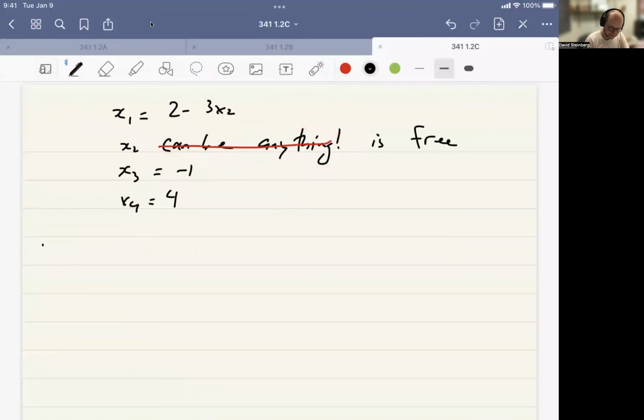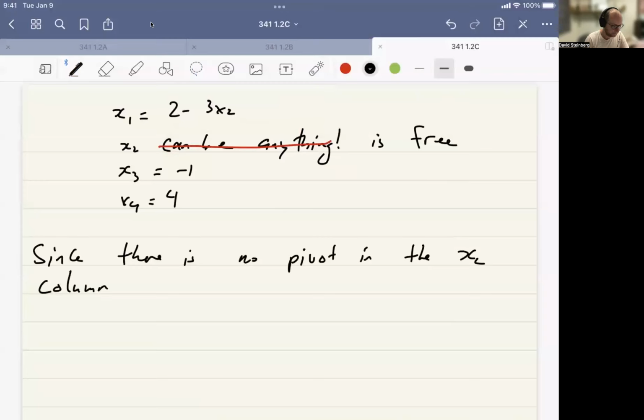Yeah, so since there's no pivot in the x2 column, we say x2 is a free variable.